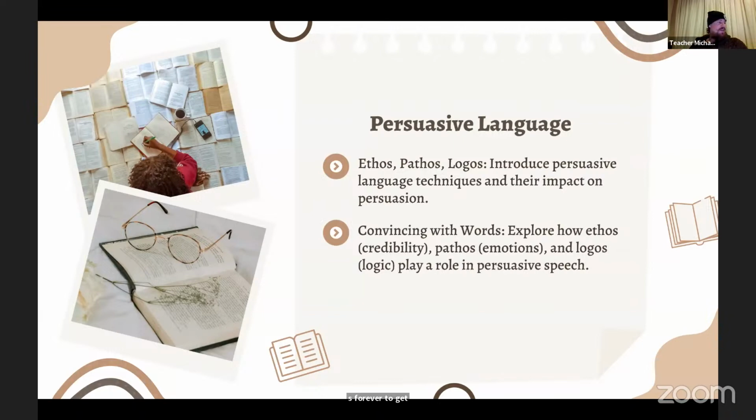Okay, next we have pathos, which is emotions. So how can building an emotional connection with your audience benefit your speech? Mr. Michael, I haven't heard from you this evening.